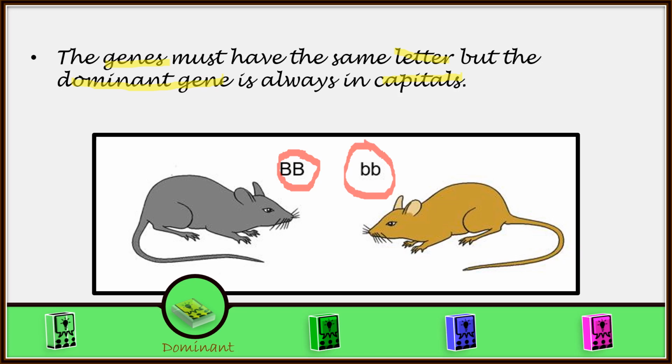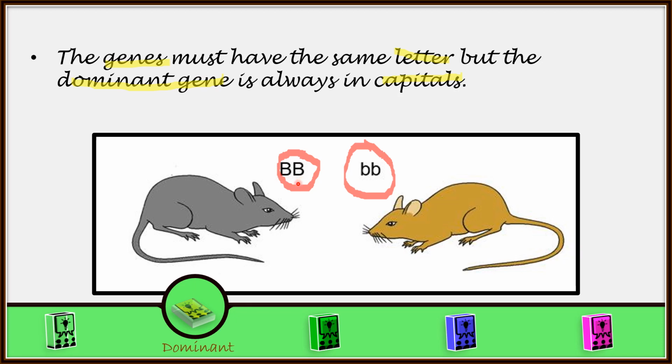But for the gene to be dominant, it has to be represented by a capital letter. When we represent the gene with a capital letter, that indicates that gene is dominant.